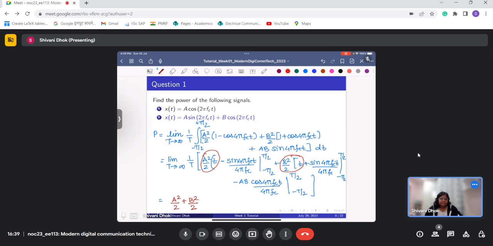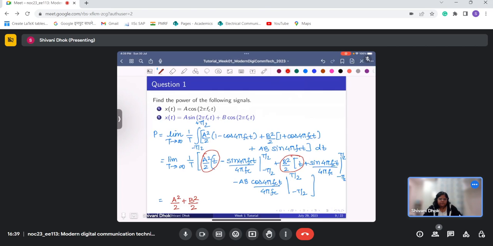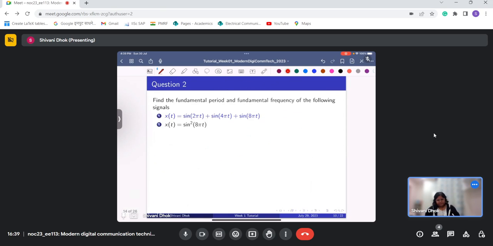Any questions? Okay. Now another question related to it was there in I think assignment 0 or assignment 1, which was related to fundamental frequency and fundamental period.